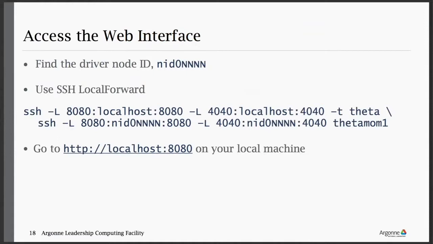So this is one way to do the SSH jump, going from your local machine to Theta, which is your login node, and Theta mom 1 is one of the mom nodes you can pick. Your local port will map to the Theta login node port, and subsequently to the NID port. So you can open localhost at that port from your local machine.